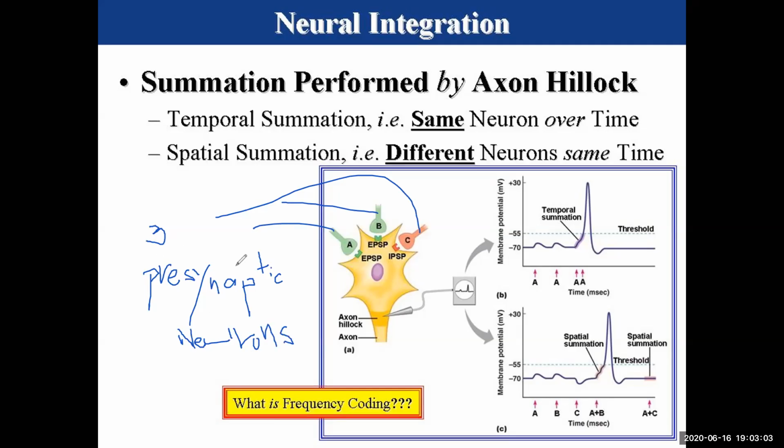Three presynaptic neurons compared to the yellow neuron. This yellow neuron is the postsynaptic neuron. Okay, presynaptic, P-R-E-S-Y-N-A-P-T-I-C. Postsynaptic, P-O-S-T-S-Y-N-A-P-T-I-C.